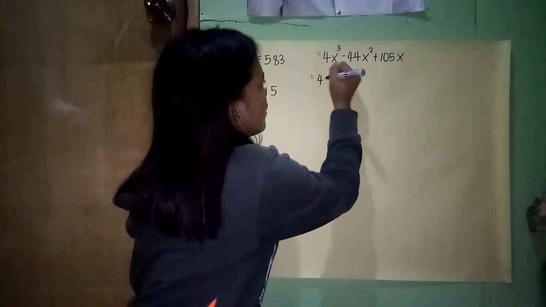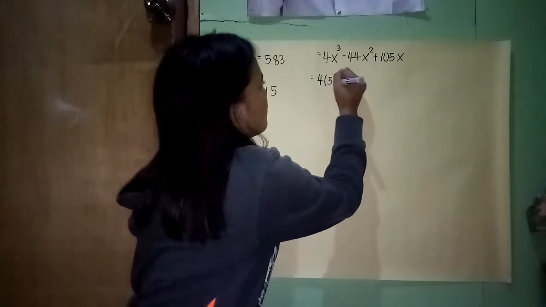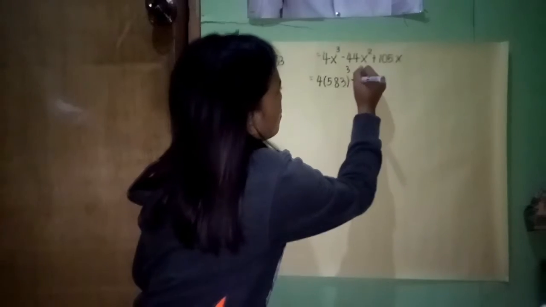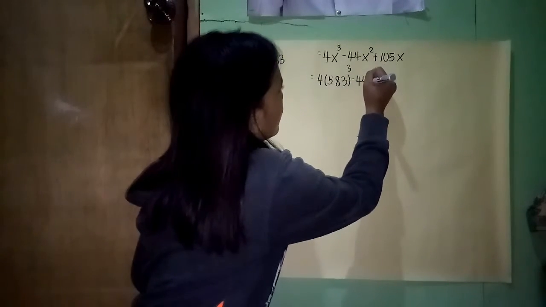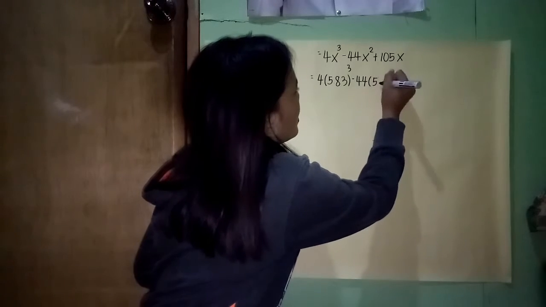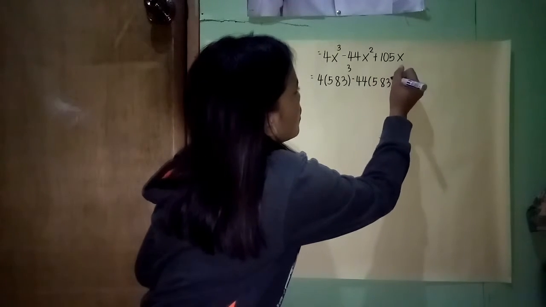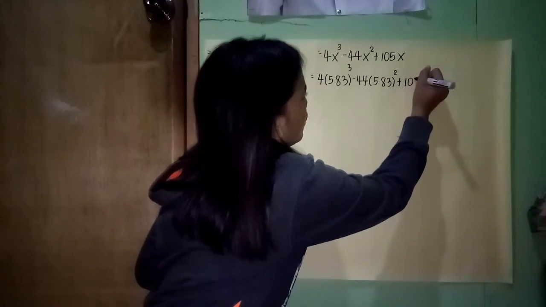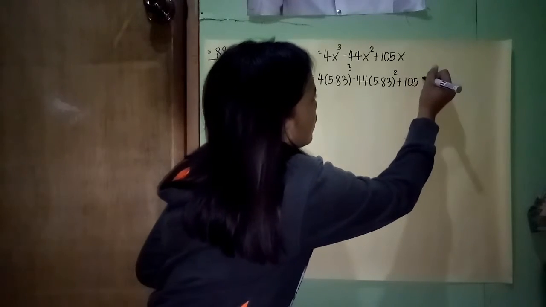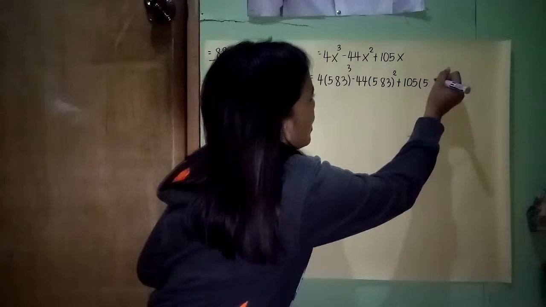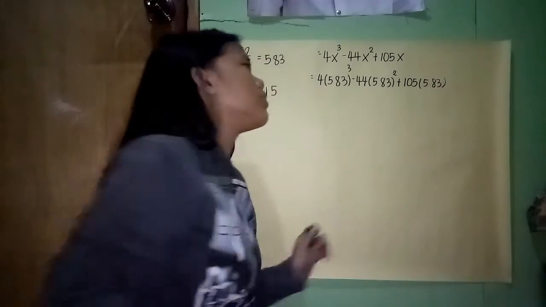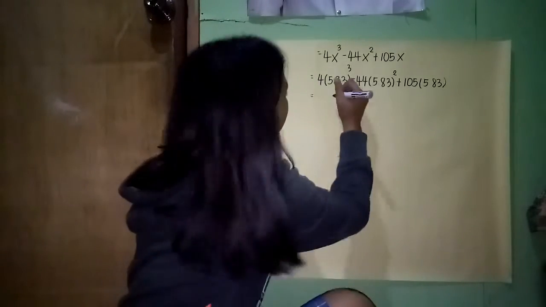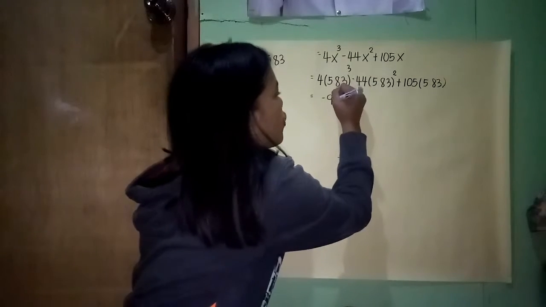So 4 times 5.83 cubed, minus 44 times 5.83 squared, plus 105 times 5.83. So we are going to get negative 90.74.